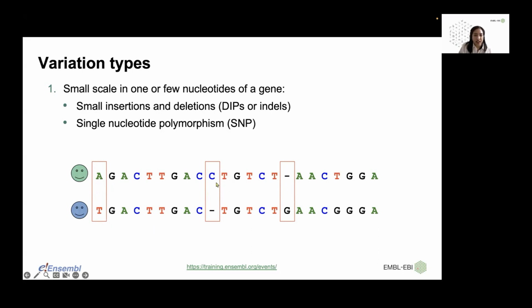For the second one, we have a C in our reference, but a deletion in ours. So this is an indel deletion. And then for the third one, we have no nucleotide at this position and a G in our sequence. So this would be an insertion.